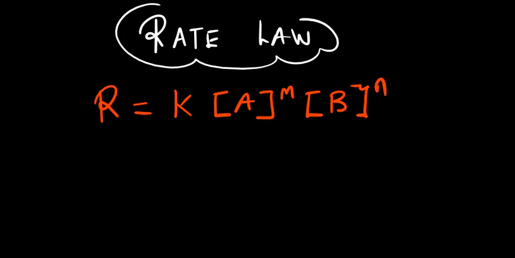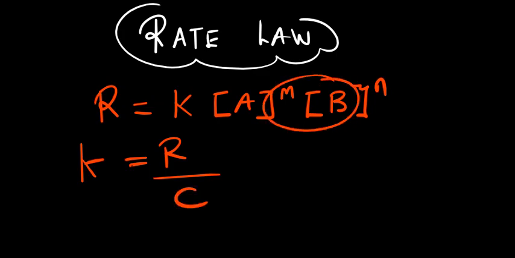Therefore, K is the rate of this reaction divided by the concentration of the reactants. That is very important for us to understand.